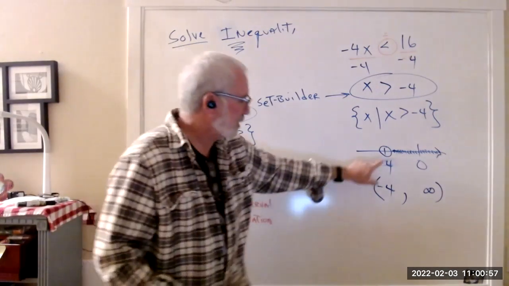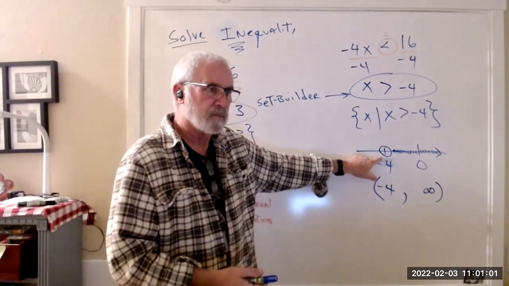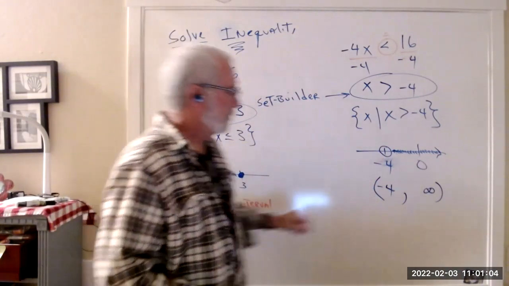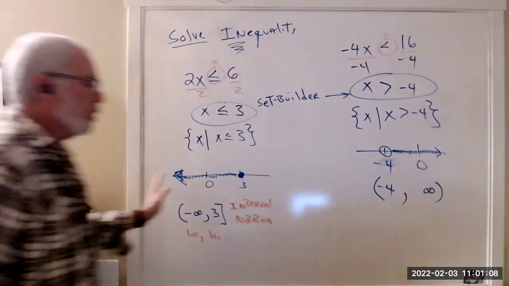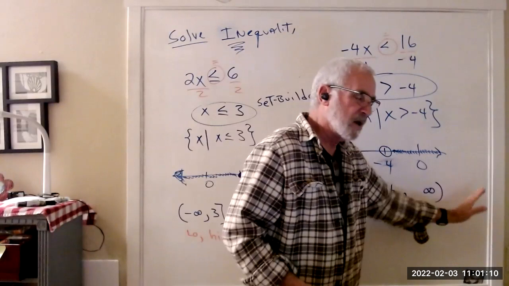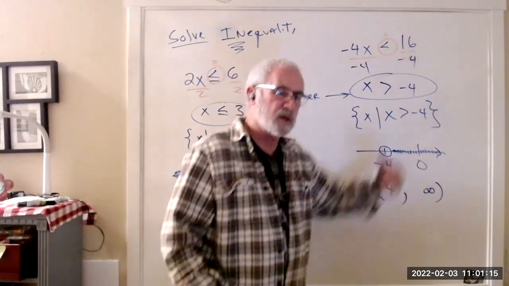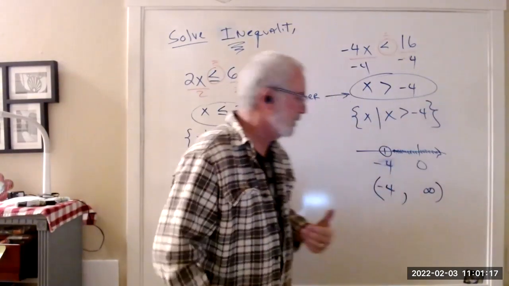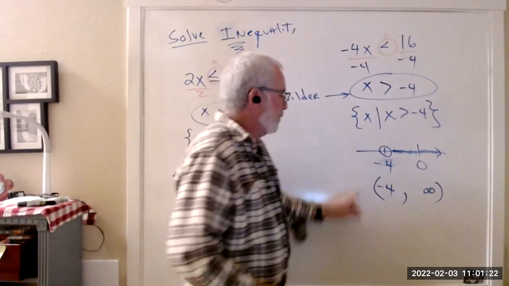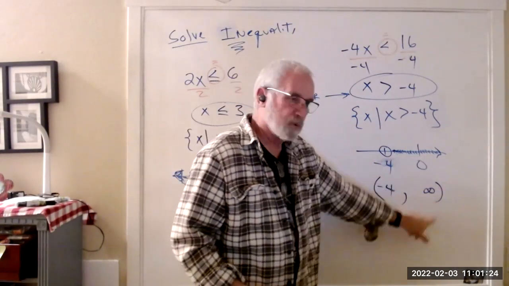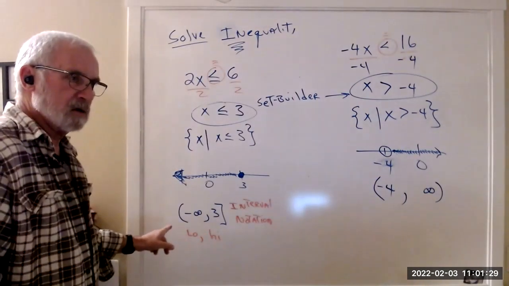Parenthesis means we came close to -4, but never quite hit it. Notice something else. The infinities, whether they're negative infinity back here or positive infinity up here, always have a parenthesis because you can never make it to infinity. You can't reach infinity. So infinity has a parenthesis on it always, whether it's positive infinity or negative infinity.